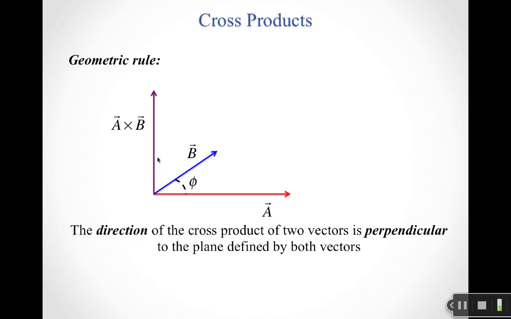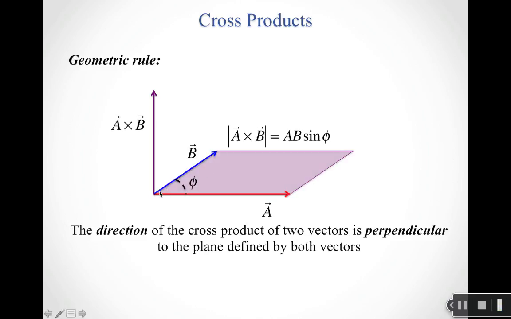And so the things I take out of this are, first, that the direction of the cross product is perpendicular to the plane defined by both vectors. It means that A cross B is perpendicular to vector A and is perpendicular to vector B. But in terms of magnitude, I said that's how I calculate the magnitude of the cross product.